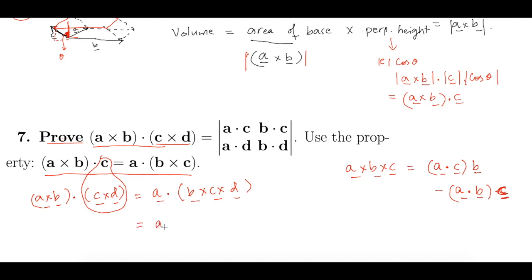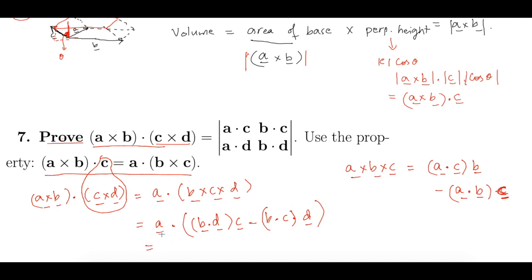So I will get B times A dot C minus C times A dot D, sorry, B times A dot D... minus... So there is no dot here, okay?